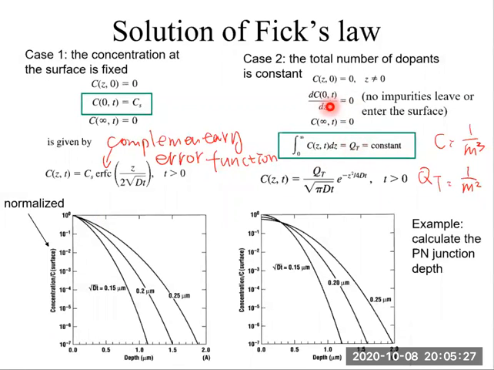Another boundary condition is that dC/dz should be equal to 0 at position 0, namely at the surface. What is the physical meaning of dC/dz, the derivative of C with respect to position? That's simply the concentration gradient. So this boundary condition tells us that the concentration gradient is 0 at the surface.